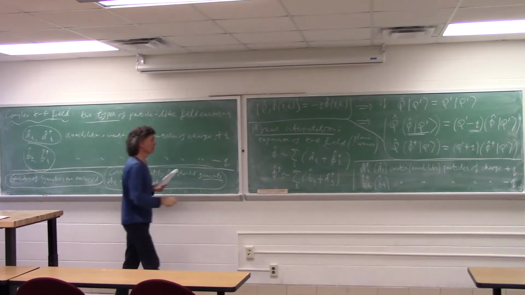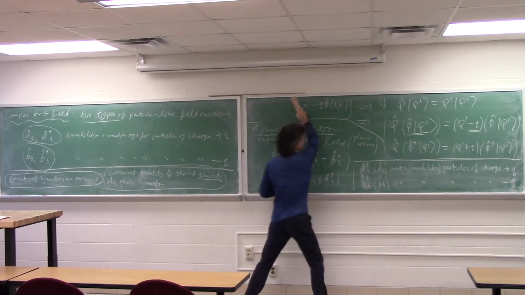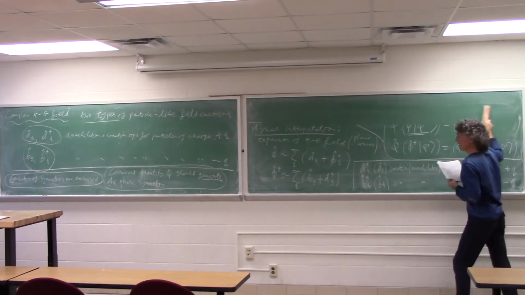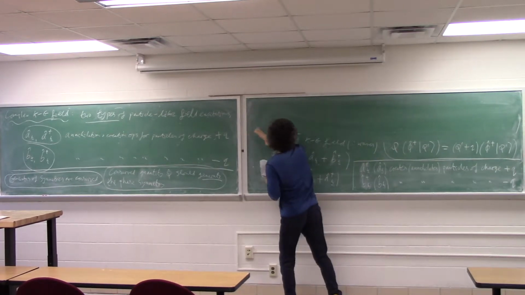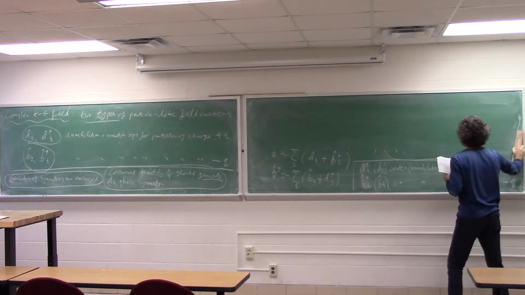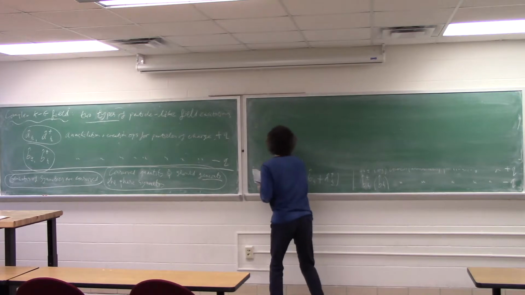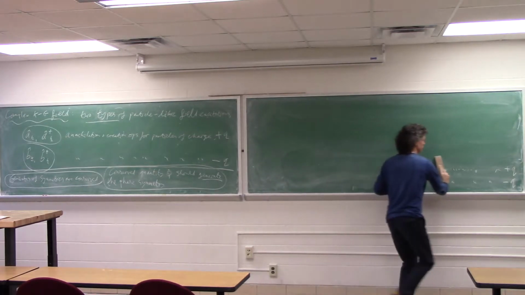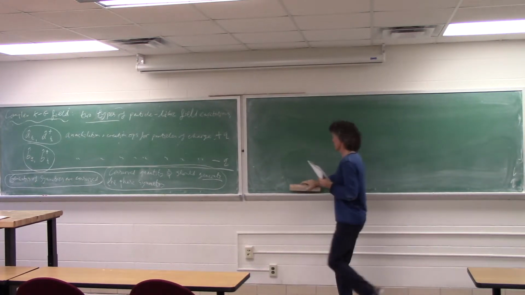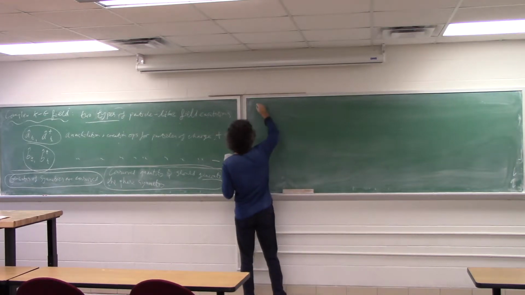Remember we started out at the classical level, and the way we derived the expression for the conserved charge was from the following phase symmetry.